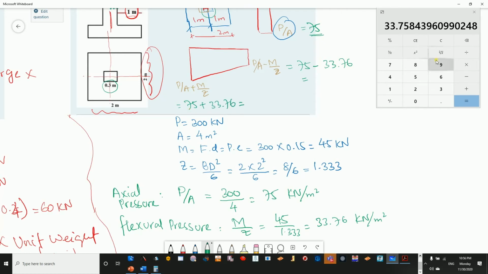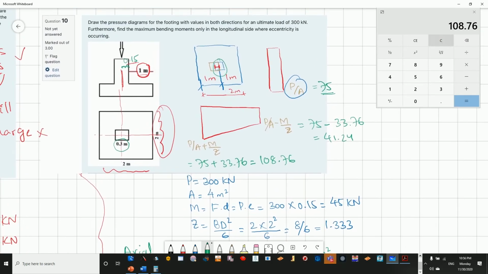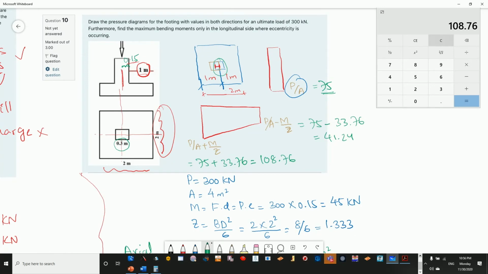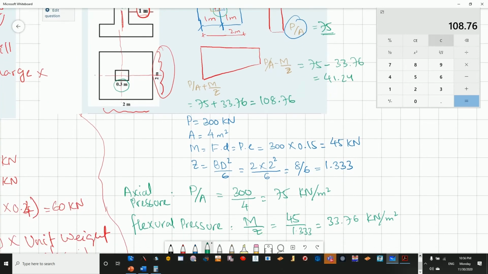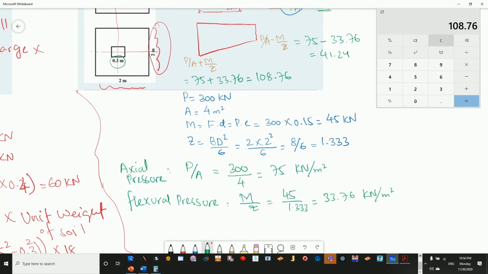So our values are 41.24 here, and on the other side 108.76. So we have solved the first part, where we were required to draw the pressure diagram with the values. That has been finished already, and I believe that you have studied all of these things.